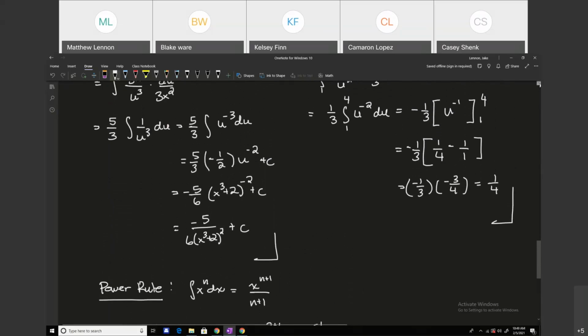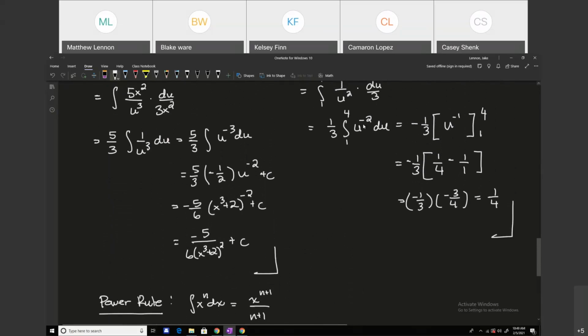So if you look at what happened, I brought the negative in front right here, and then this is u to the negative 1. So that's the same thing as negative 1 over u. Does that make sense? Yeah, that helps a lot. Thank you. Again, there's a lot of times those negative powers throw people for a loop.